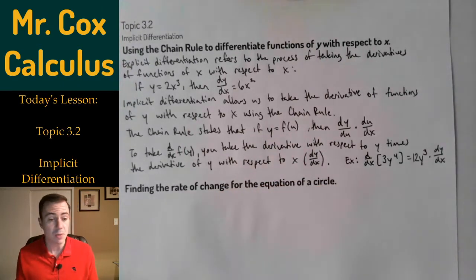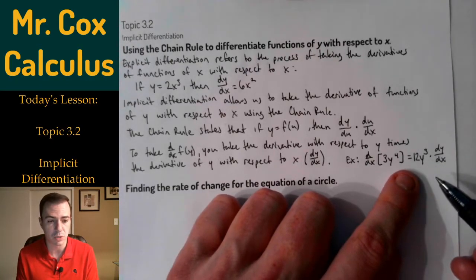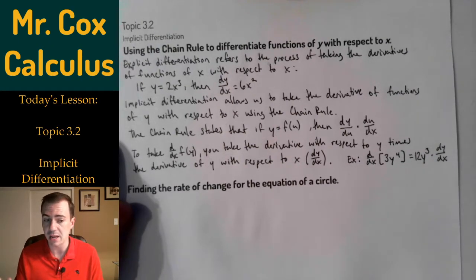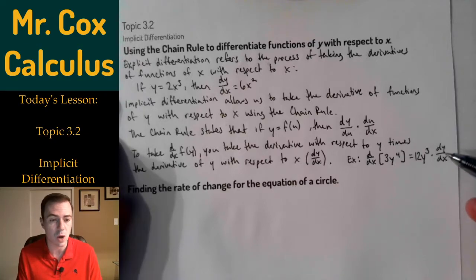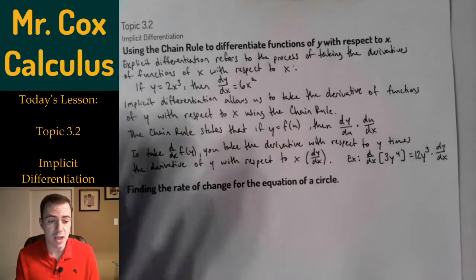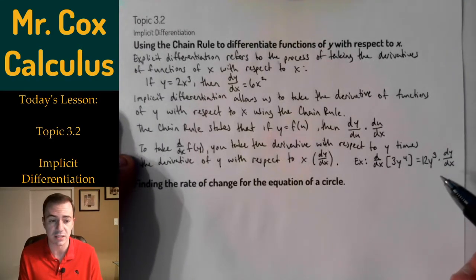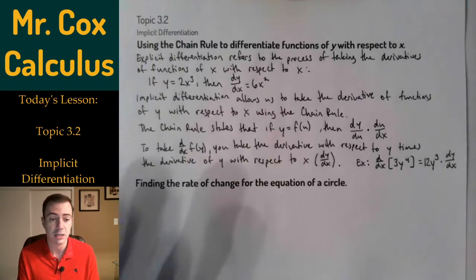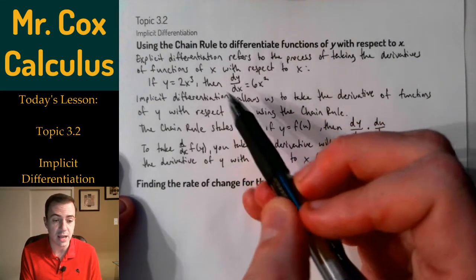And something really interesting happens in some of these problems we're going to be working. We're going to take the derivative with respect to x of both sides of an equation. And from time to time, if I'm taking the derivative of a function of y, I'm going to get this dy dx. And then algebraically, we're going to be able to solve for dy dx, and we're actually going to be able to get a statement that says the derivative of y with respect to x equals some statement very similar to how we got dy dx equals right here.